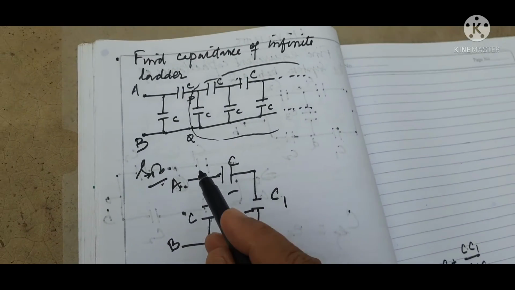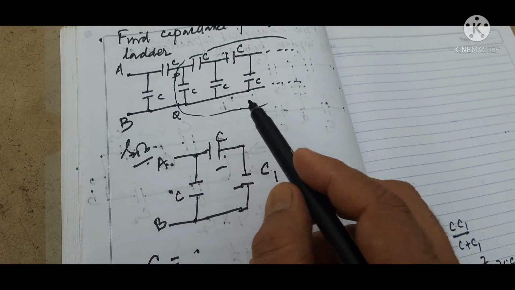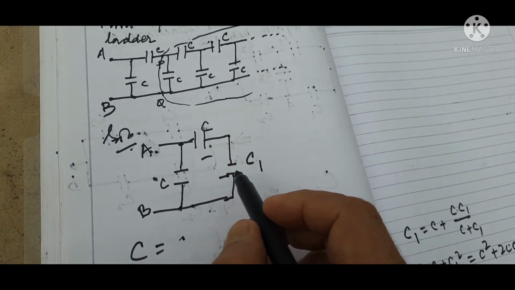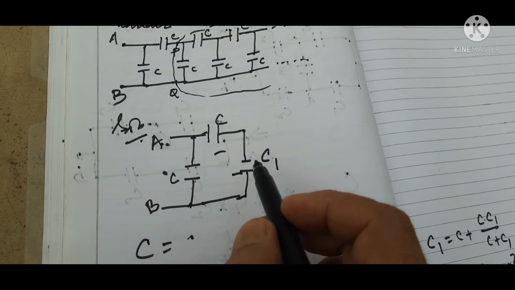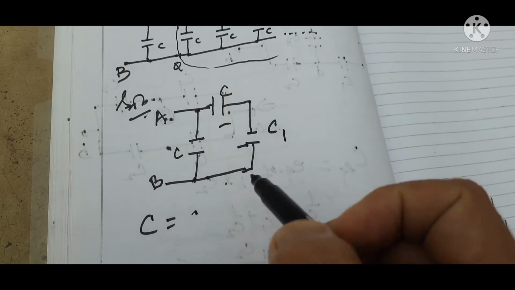C and C were there, and in place of that I have connected C1 as the equivalent capacitance of all this.